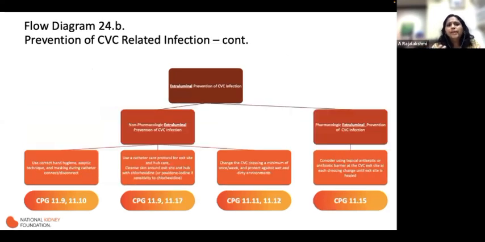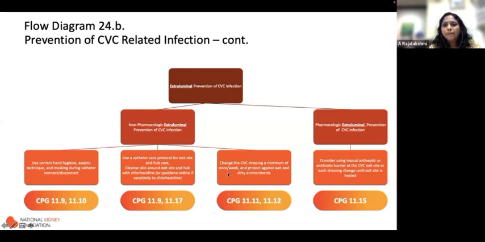You can also bring in some extraluminal prevention for CVC infection. And again, what you can do is hand hygiene. You can give feedback and try to improve hand hygiene technique and catheter care protocol. Whether they are performing the correct hub care and other things can be monitored, and change the CVC.